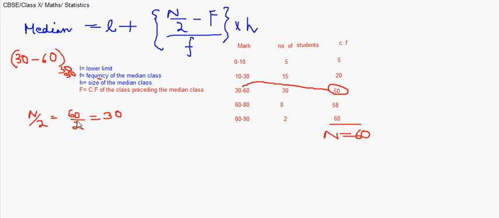For h, here the class intervals were of unequal width, right? There is no need to adjust the class interval or make it equal. So let it be as it is. Here h we are assuming to be 30.